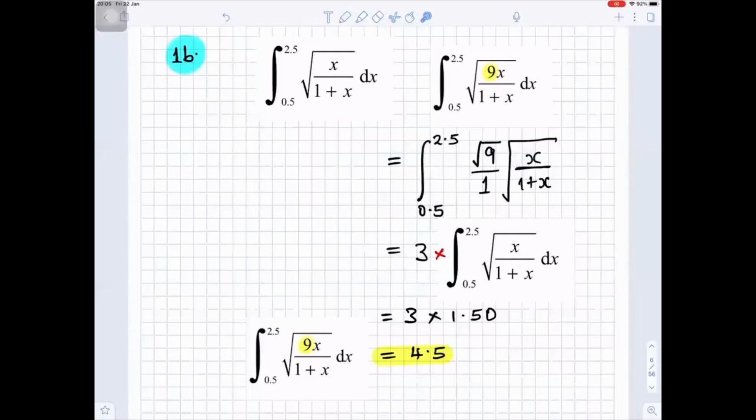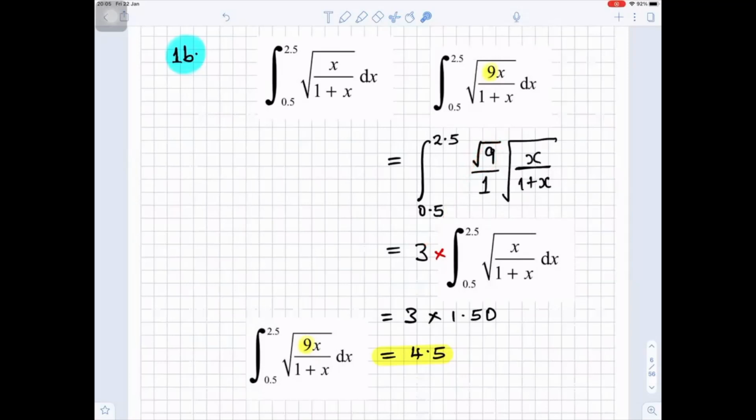For part B, we know that the 9 there is the difference between this and what we used the trapezium rule formula to work out. So it's square root of 9 times x. We can take the 9 out and find the square root of 9, which is 3.